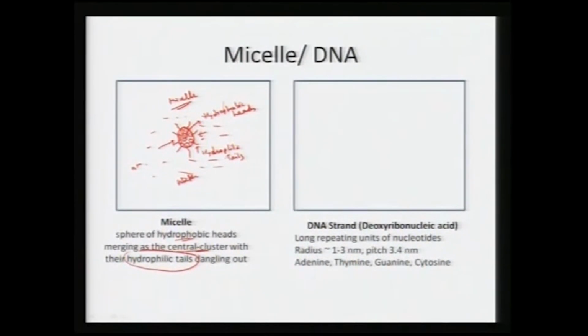And also we know that the DNA strand, the double helix type of strand, also has a nano dimensionality. It is a long repeating unit of nucleotides. It has a radius of around 1 to 3 nanometers and a pitch of around 3.4 nanometers.